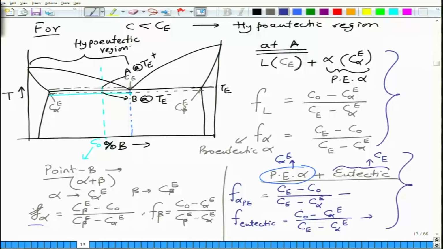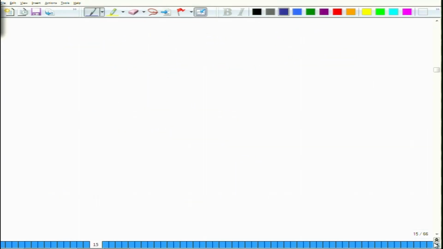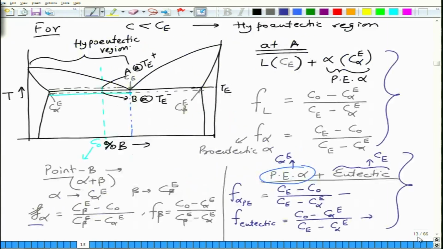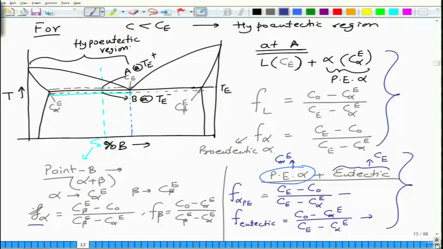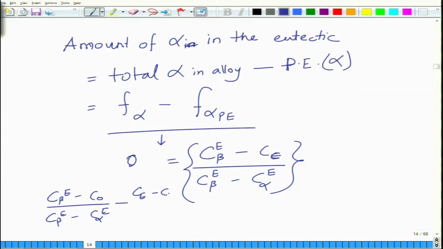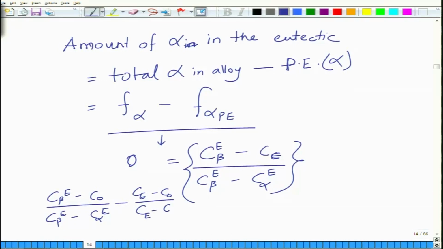If you subtract F alpha PE from F alpha, you can do the maths: C beta E minus C naught divided by C beta E minus C alpha E, minus C E minus C naught divided by C E minus C alpha E. So this is what it will be.